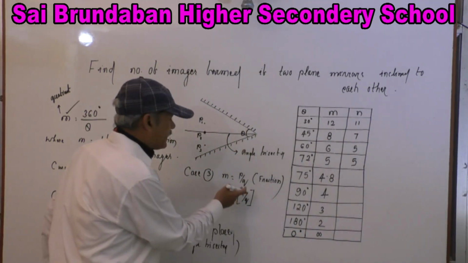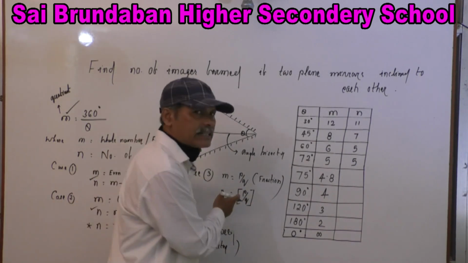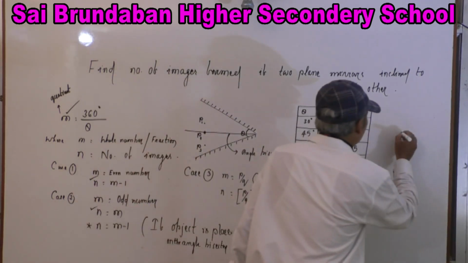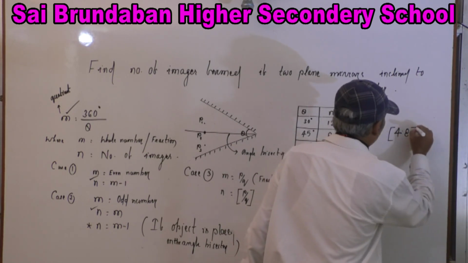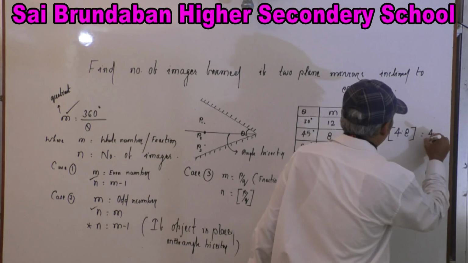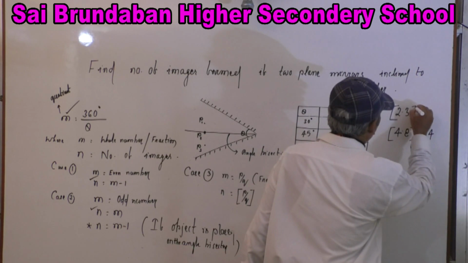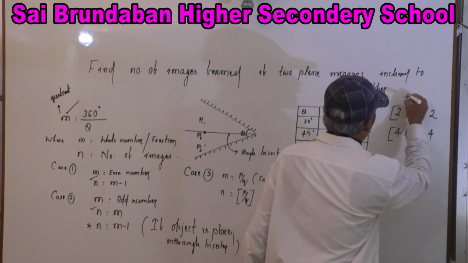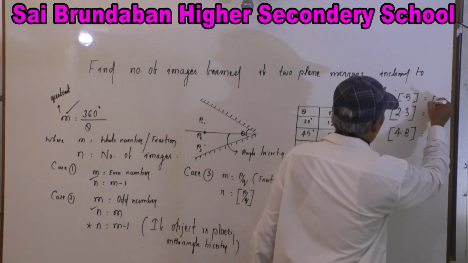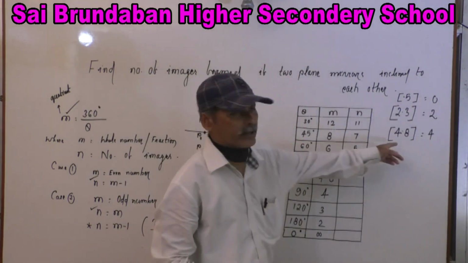It is 4.8. 4.8 means it is a fraction, not a whole number. So we have to use the bracket function, the greatest integer function. 4.8, its greatest integer is 4. Suppose 2.3, its greatest integer is 2. Suppose 0.5, its greatest integer is 0. The greatest integer is always less than the number.